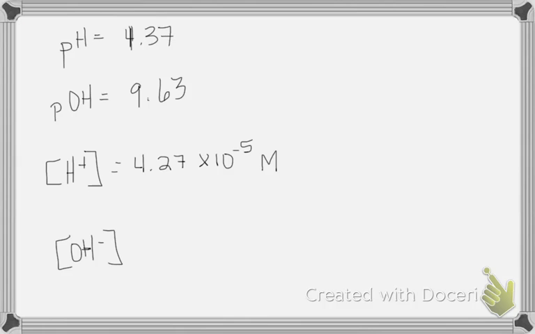So figure out however you want to do it what the hydroxide ion concentration is, and tell me what you get. 2.3 times 10 to the negative 10. Is it positive or negative 9.63? Negative, because pOH is the negative log of OH. 2.3 times 10 to the minus 10 molar.